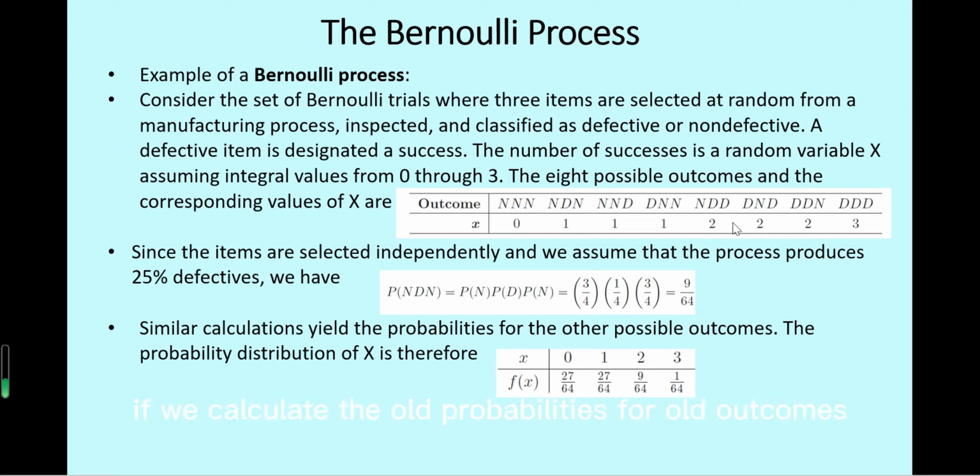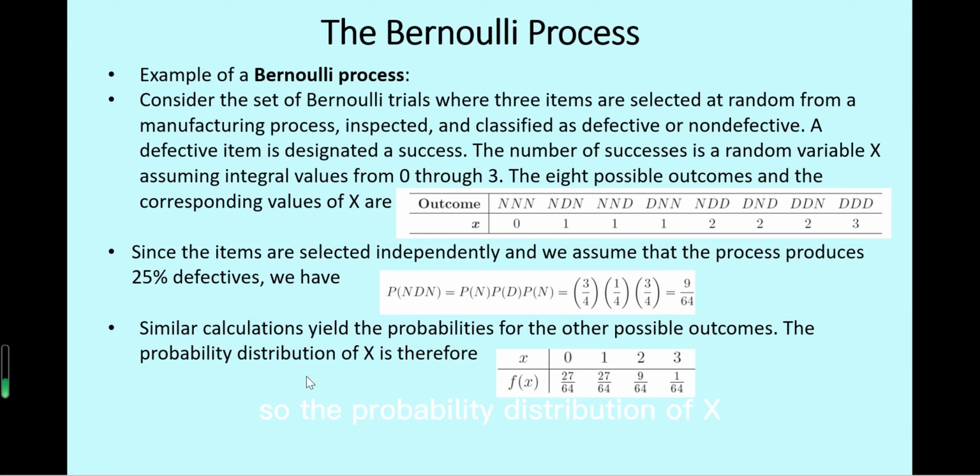If we calculate all probabilities for all outcomes and sum them together, we will get 1 for all possible outcomes. So this is clear, right? Because only 1 of these 8 outcomes will occur, right? And similar calculations will yield the probabilities for the other possible outcomes.